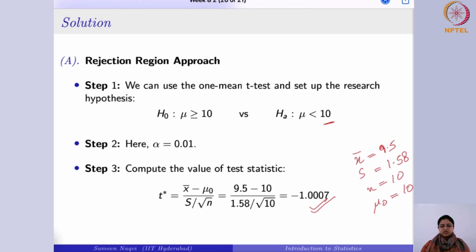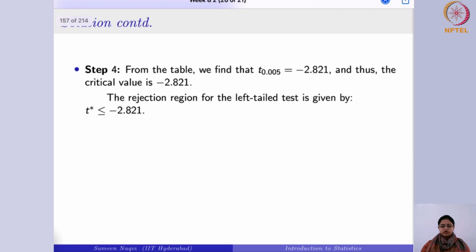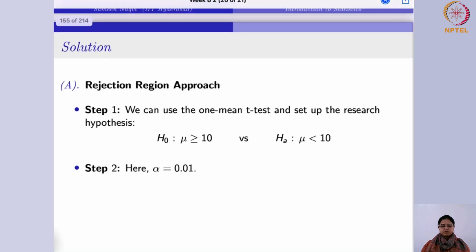Now you would calculate your critical region. For that, if you look at the table, you will find that this actually is 2.821. So t alpha, where alpha here is 0.01.